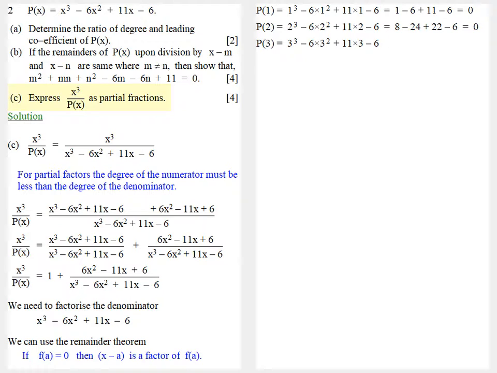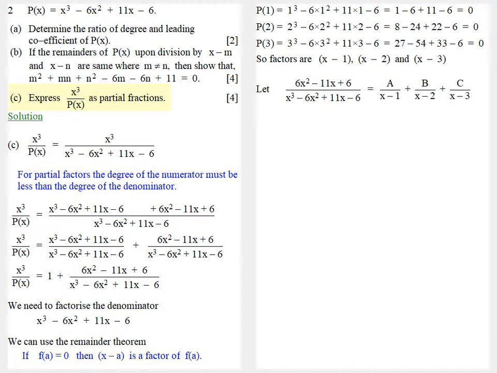And if we try p(3), we end up with 3 cubed minus 6 times 3 squared plus 11 times 3 minus 6, which is 27 minus 54 plus 33 minus 6, which is also 0, and so x minus 3 is a factor. So the factors are x minus 1, x minus 2, and x minus 3.